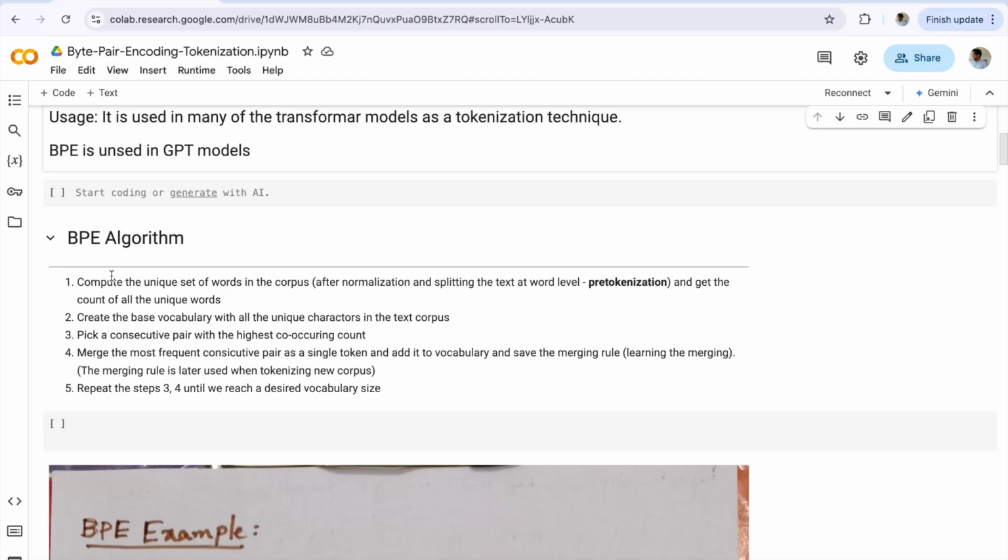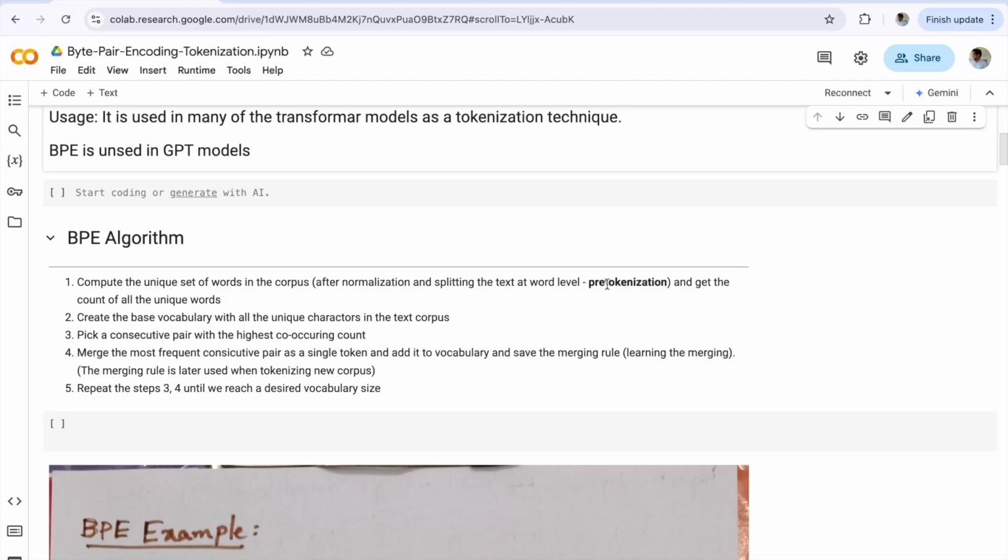First, in our corpus we need to normalize the text, that means bring the text to a single case. Then we do something called pre-tokenization, that is identifying the unique words in the corpus. It could be based on space as a delimiter: we split the text and create the unique set of words in the corpus.